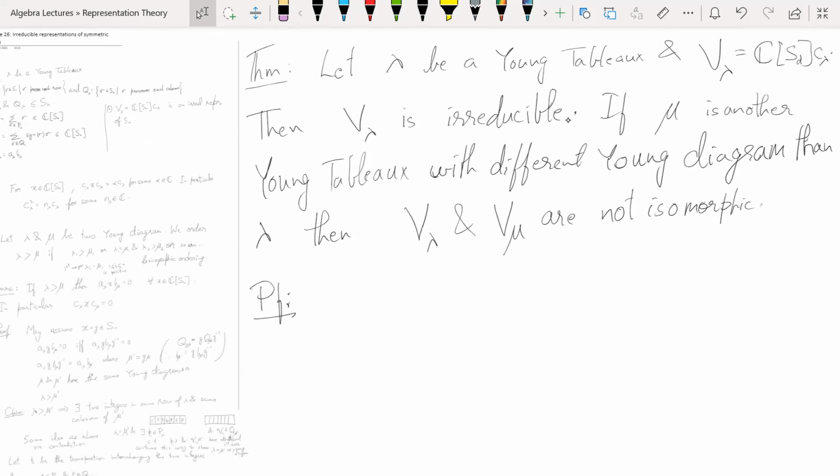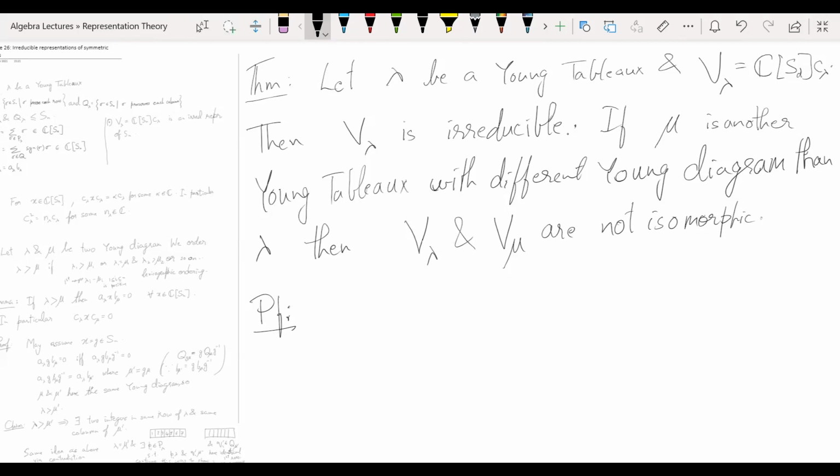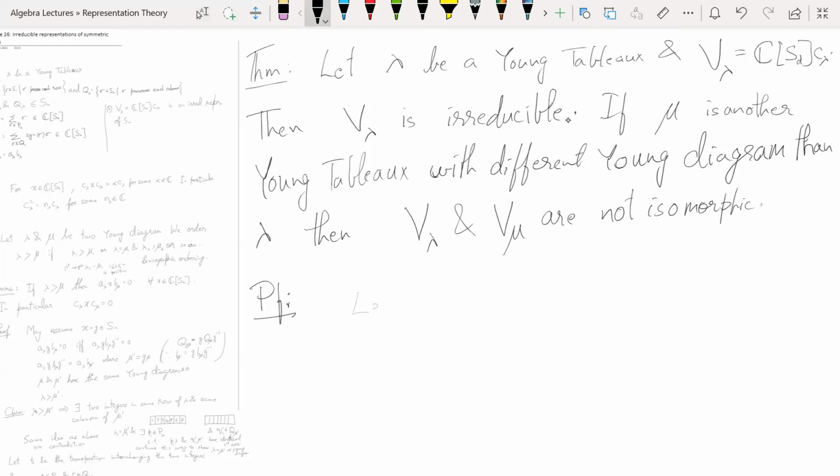Okay. So let's try to show v lambda is indeed irreducible. Yeah. So let W contained in V lambda be a sub-representation.